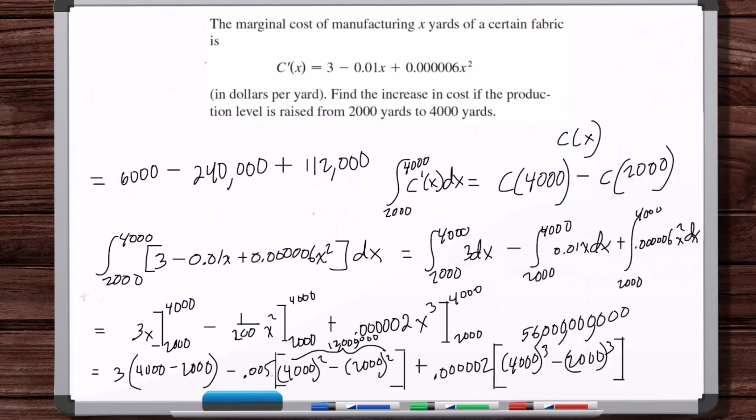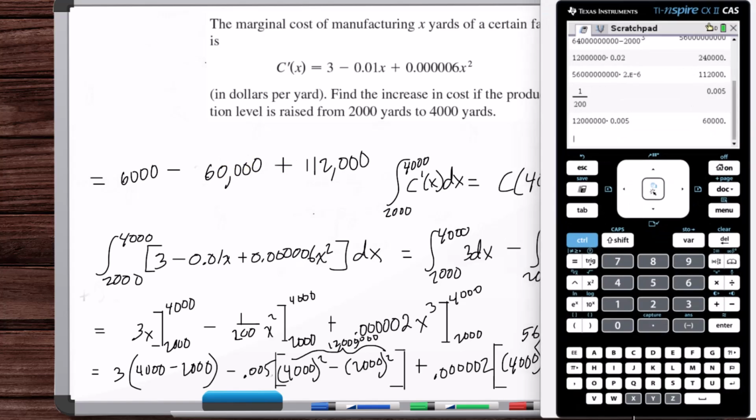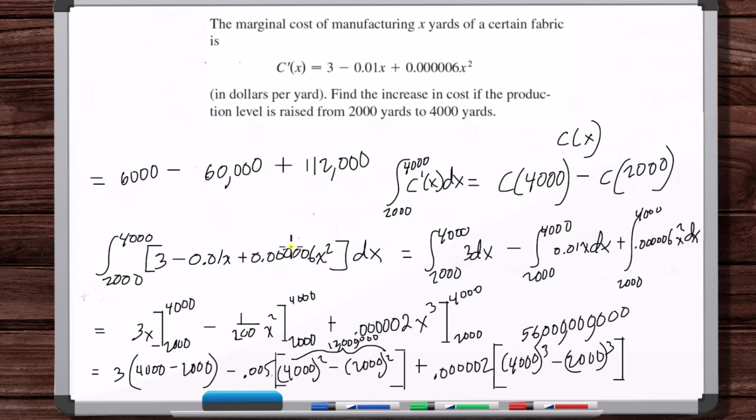That's 60,000. Okay. So now we've got 6,000 minus 60,000. It's 58,000.